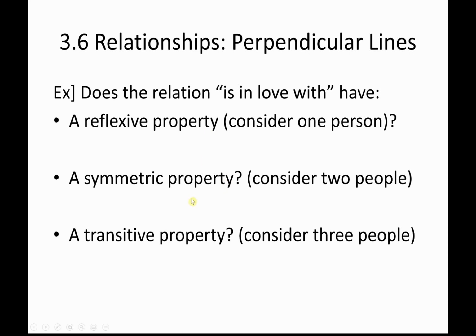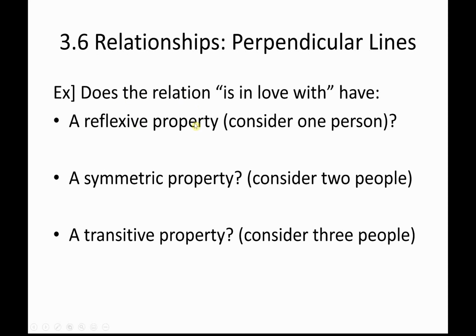It's more or less a fun exercise, which is to say, okay, does the relation "is in love with" have a reflexive property? Like consider one person, and it'll depend on the elements being considered, kind of, right? So you could argue either way that these properties are in play depending on what is being considered, which means that you don't necessarily get to say that the entire relation has this property.